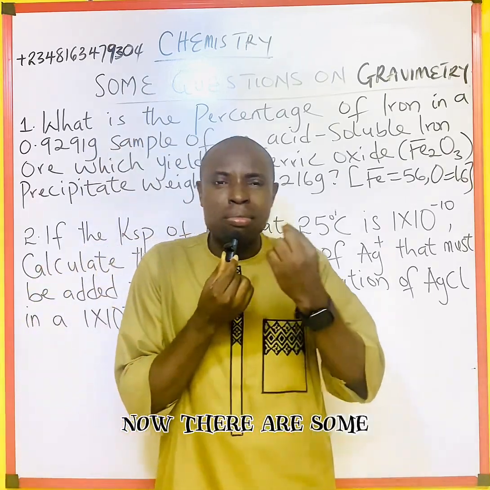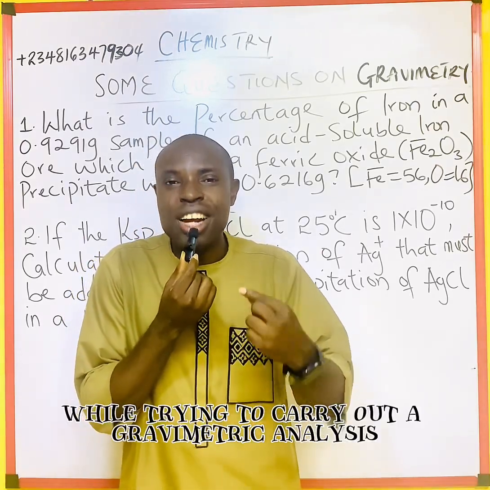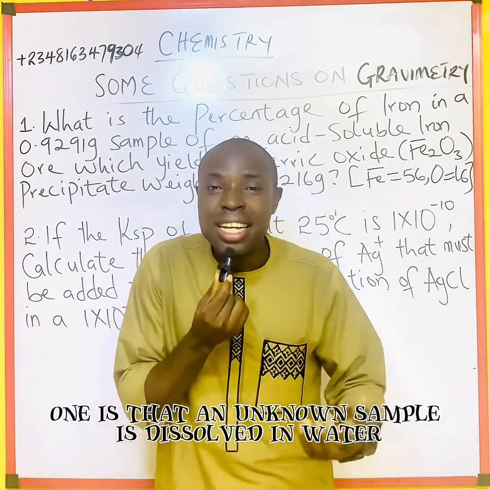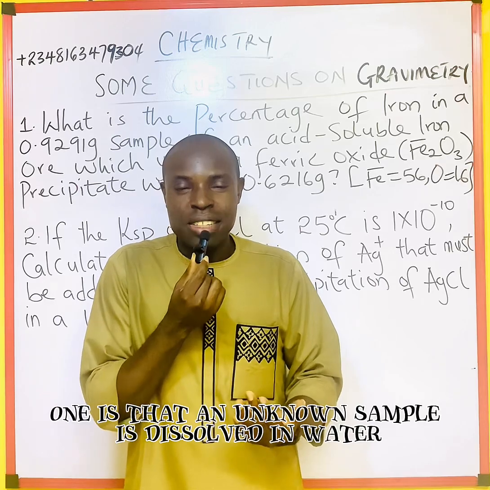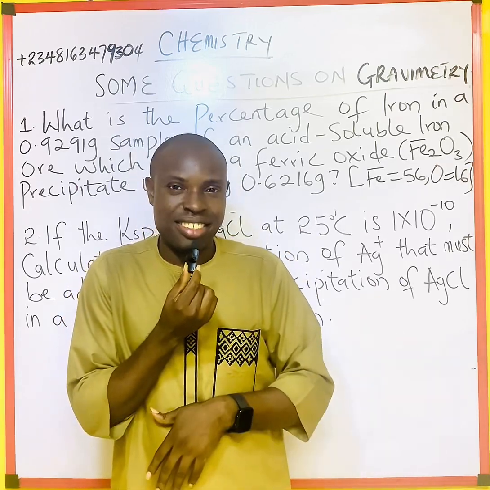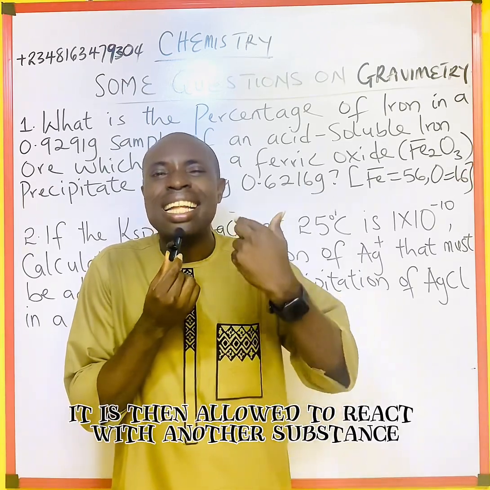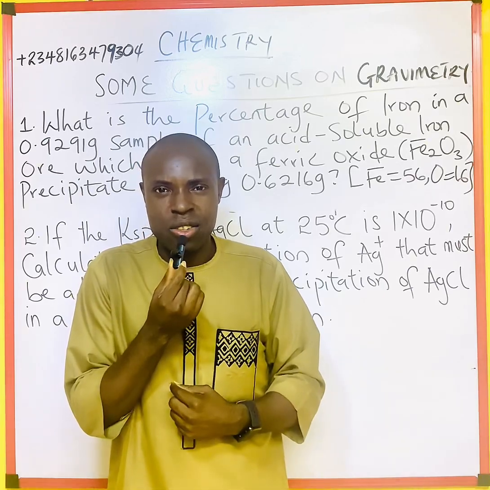Now, there are some basic tips you need to understand while trying to carry out a gravimetric analysis. One is that an unknown sample is dissolved in water. When that happens, it is then allowed to react with another substance.